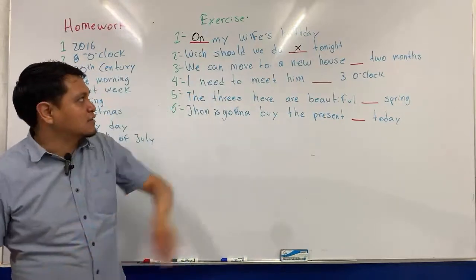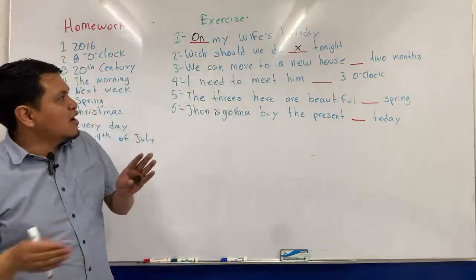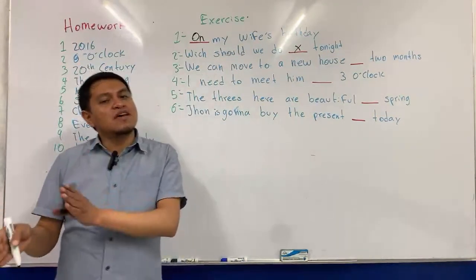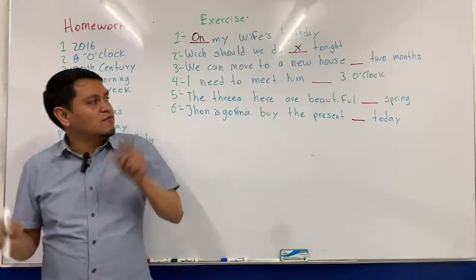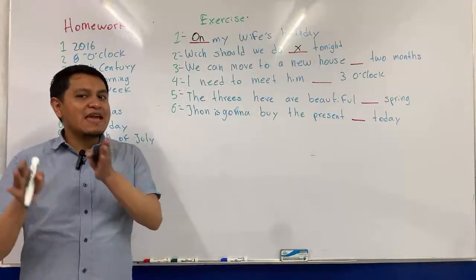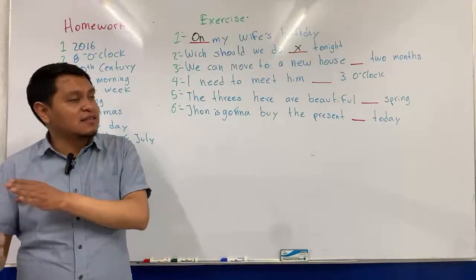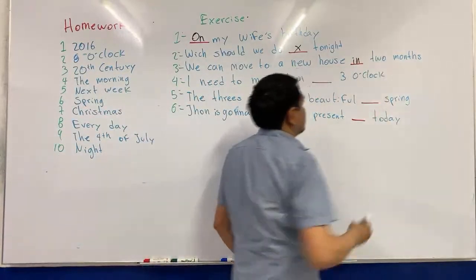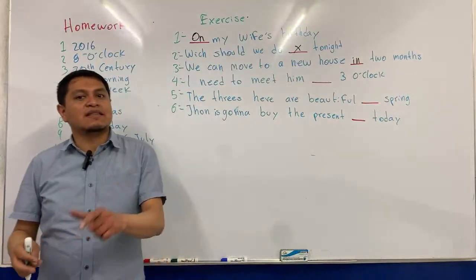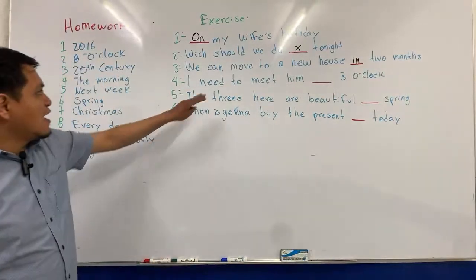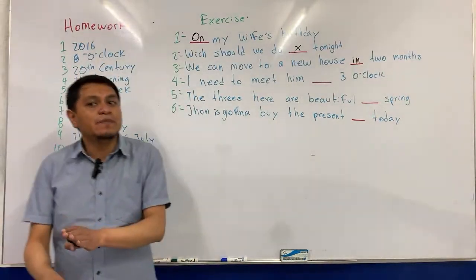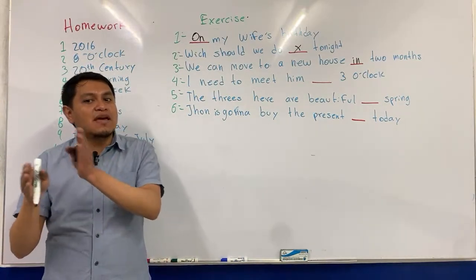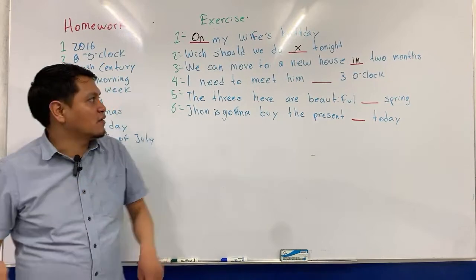In, on, at. We can move to a new house in 2 months. What preposition of time do we need for months? In. For months we use in: in 2 months. I need to meet him at 3 o'clock.